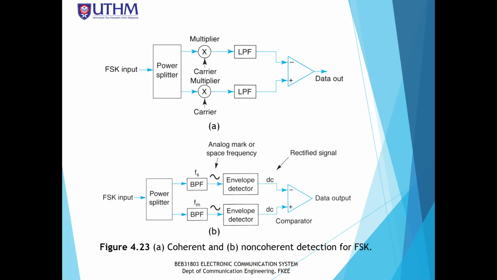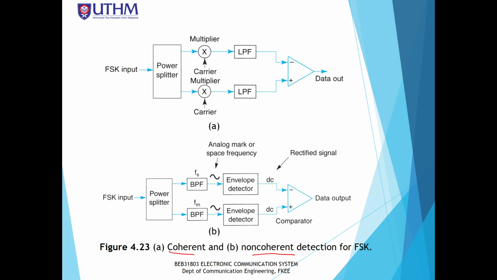So this is how berlaku pada receiver detection, detection process at the receiver for the FSK. Macam mana kita nak detect ataupun demodulate the FSK signal ini pada receiver. So we have a coherent and also the non-coherent detection.